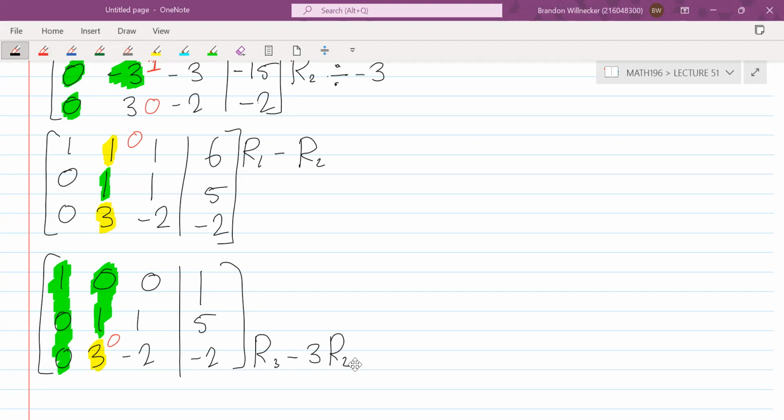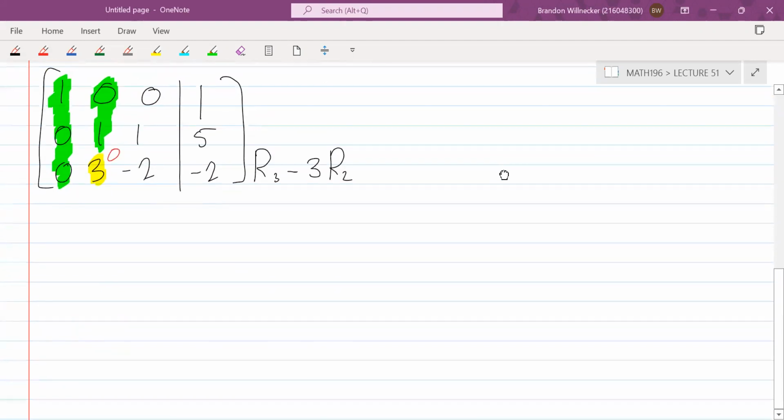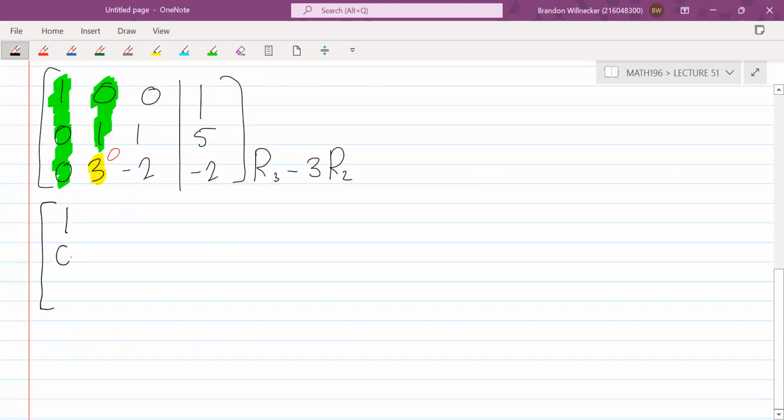Okay, because if we do that, then the 3 that are highlighted in yellow will cancel with 3 times 1, which is just above there in green. Okay, so let's do that. So we're going to have 1, 0, 0. That stays the same. 0, 1. Okay, so 3 minus 3, that's going to be 0.